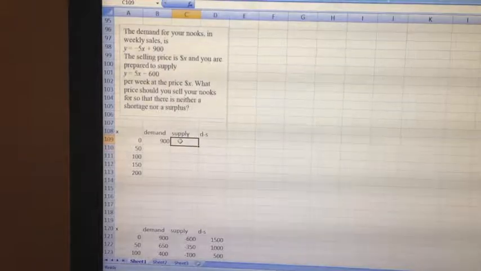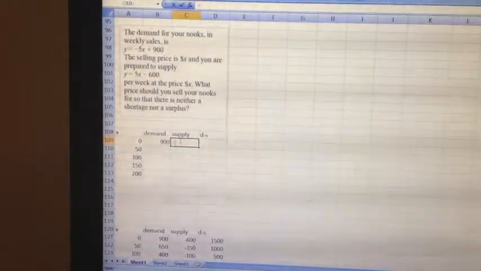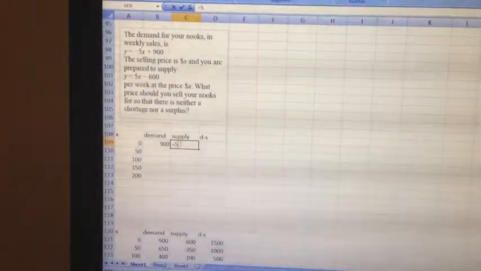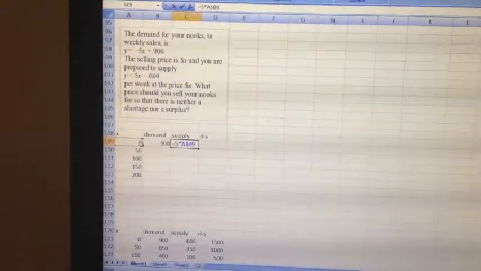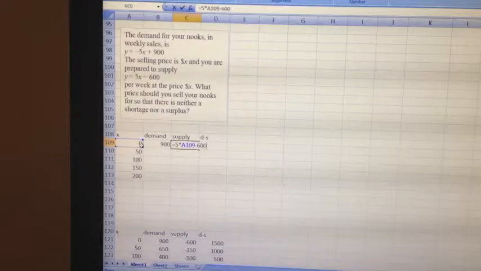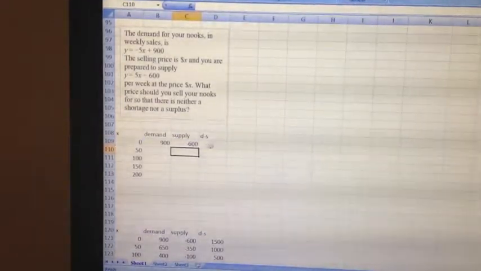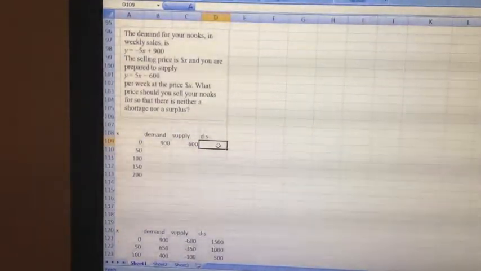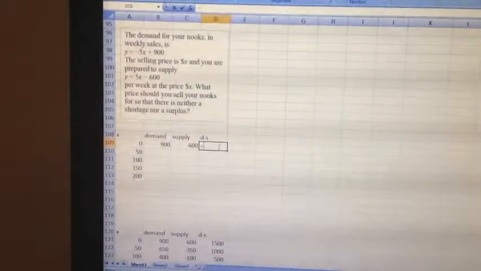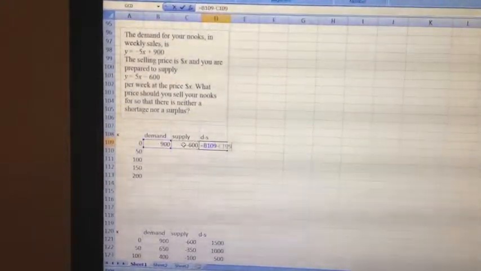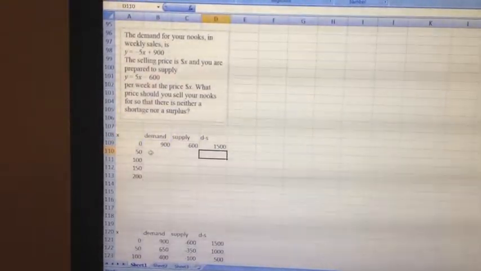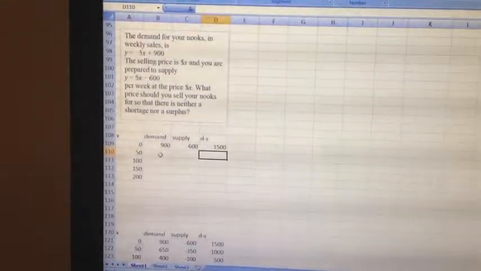Then we're going to do our supply, which is equal to 5 times, we hit our X, minus 600, we hit enter. And then we're going to do our demand minus our supply, which is equal to, and we just hit our demand, then we do minus supply, and we hit enter. So this is for our X value of 0.